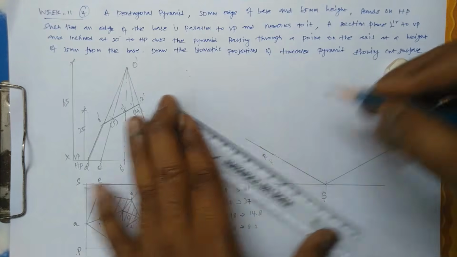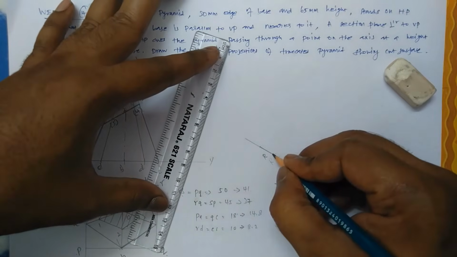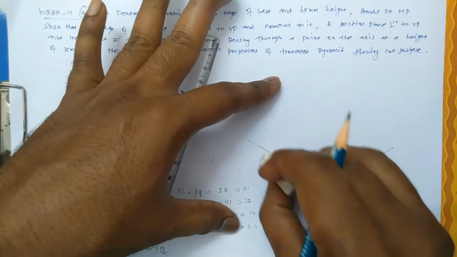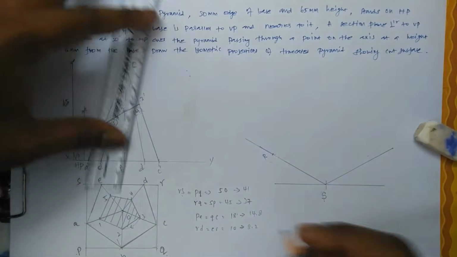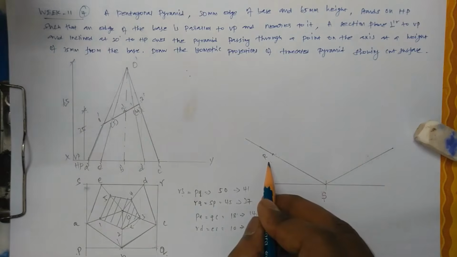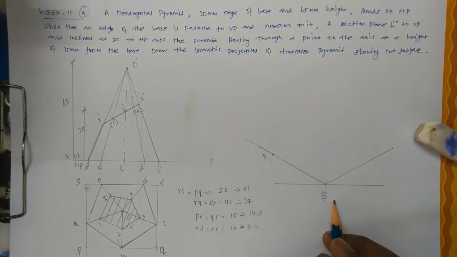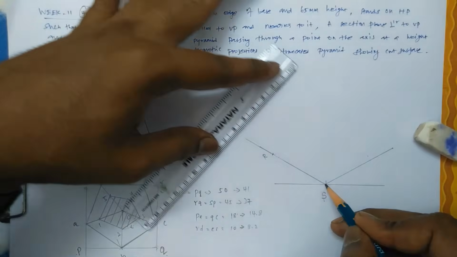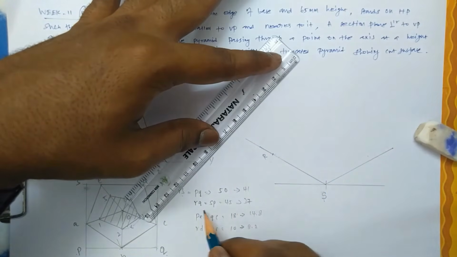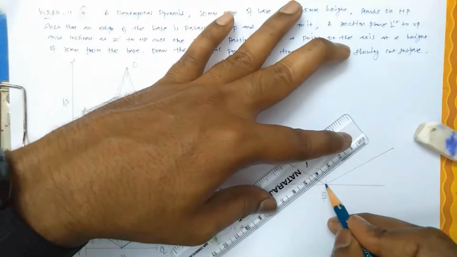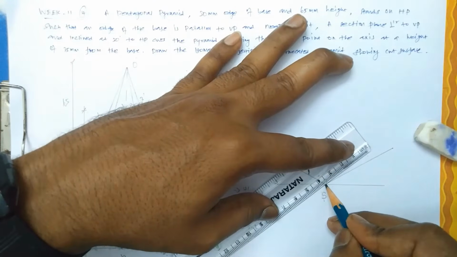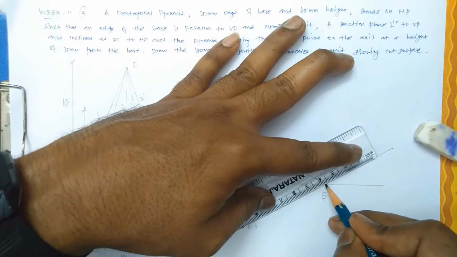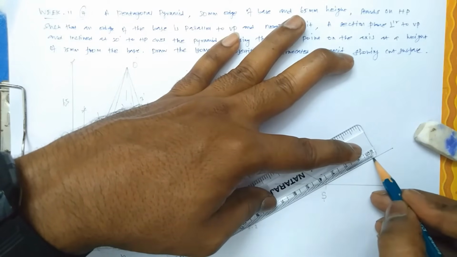R to S. So let us draw this side, S to P, is 37. Mark properly with the compass.